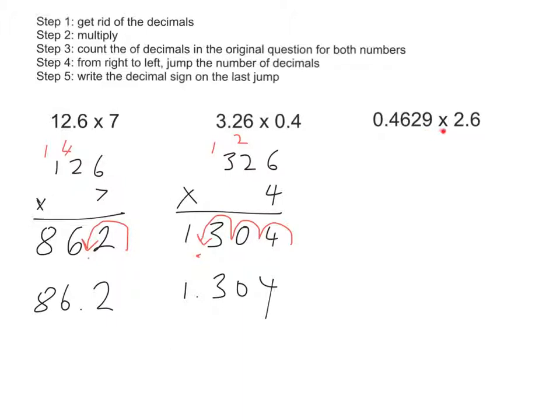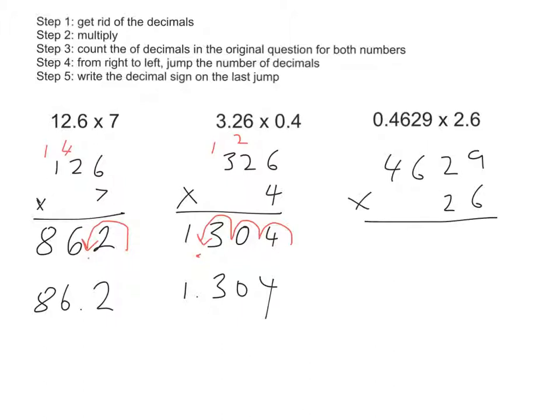Next question is 0.4629 multiplied by 2.6. So first step is to get rid of the decimals. So we'll do that. So 0.4629 becomes 4,629 multiplied by 2.6, which becomes 26.